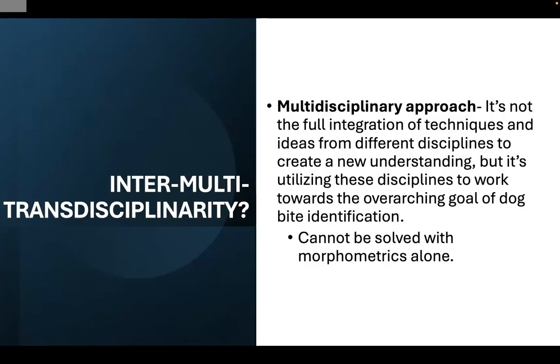The authors called for the collaboration between forensic pathologists, forensic dentists, anthropologists, veterinary medicine specialists, and geneticists. Like I said in the previous slide, morphometrics cannot be used to solve this complex problem alone. The collaboration amongst these disciplines and their own expertise are needed.